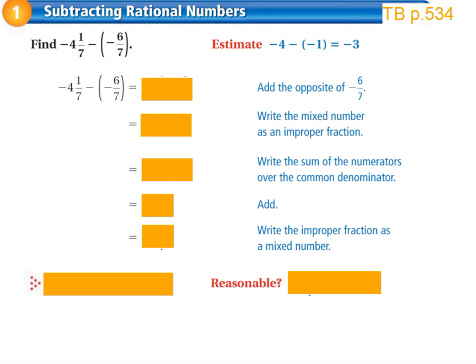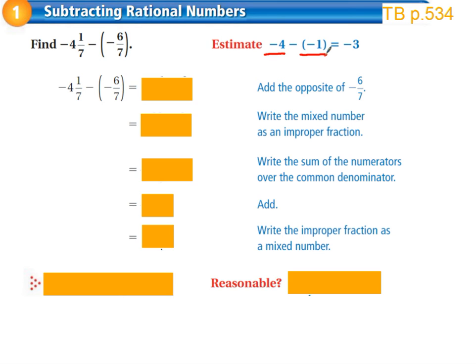Example 1 says find negative 4 1/7 minus negative 5 6/7. Just like we did for 12.2, what we want to do is start by estimating. So negative 4 1/7 is really close to negative 4, and negative 5 6/7 is really close to negative 6.